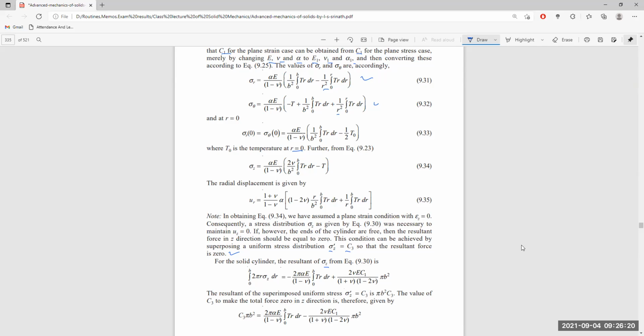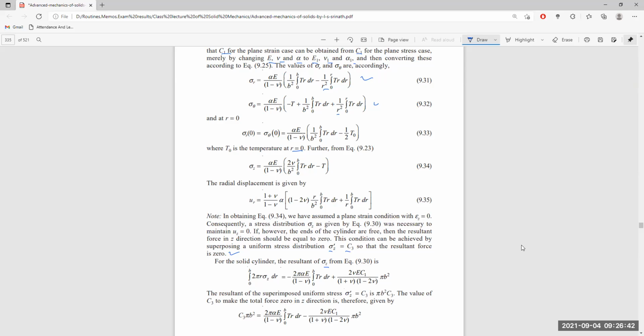I have to integrate from 0, which is at the center, to b at the outer radius, which is supposed to be equal to, if we put the value of sigma z, then this equation will take this particular form: 2 pi alpha E, again 0 to b T r, and 2 pi E C1 and 1 minus nu, 2 etc., pi b square itself.